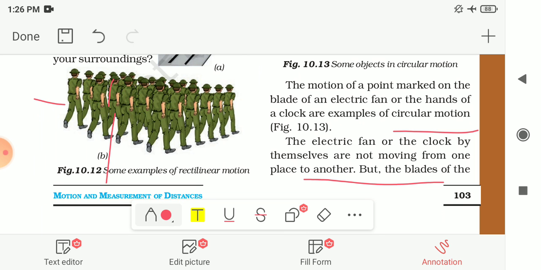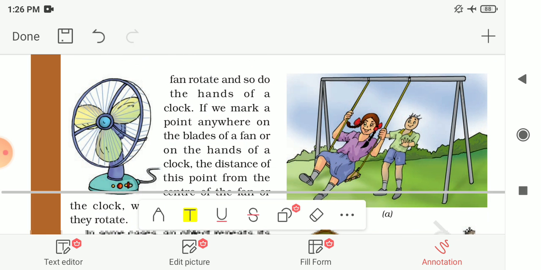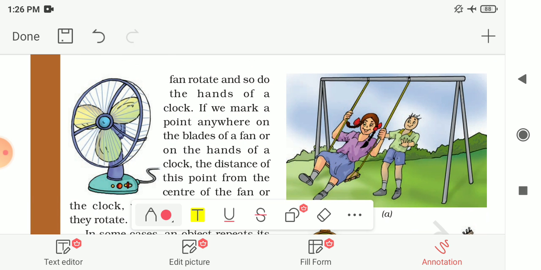The electric fan or a clock by themselves are not moving from one place to another, but the blades of the fan rotate, and so do the hands of the clock. They are moving in circular motion, so we can say that they are in motion.